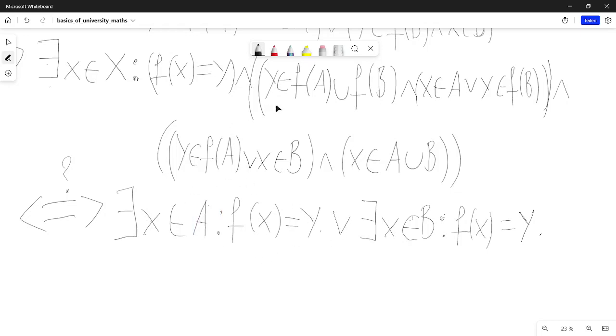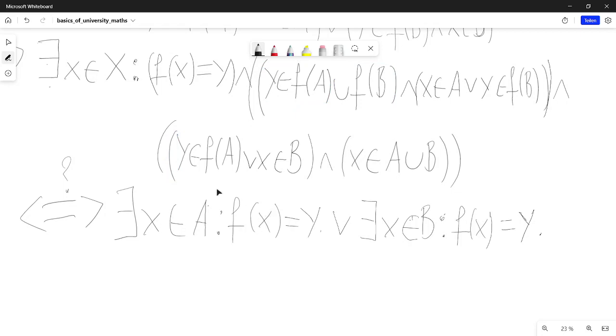All right. Then y element f of A or f of B. Well, if f of x is equal to y and x element A, then that implies, just by definition of f of A, that y is element of f of A, and that is certainly element of this. So this is also established. So this same x has this property.